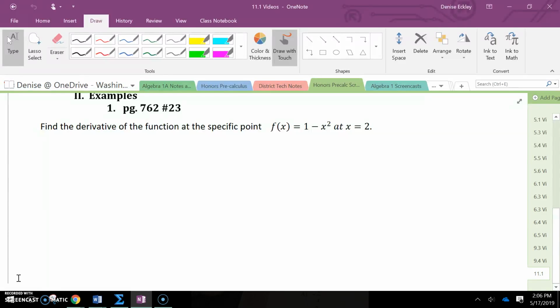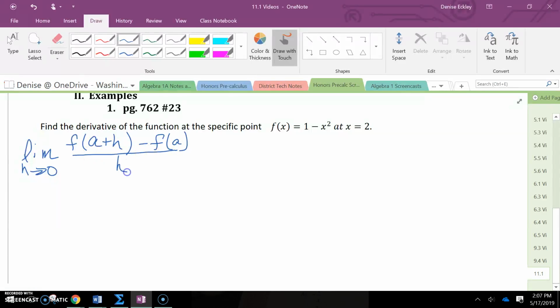is simpler for calculations. So the definition that I'm going to use is the limit as h approaches 0 of f of a plus h minus f of a over h. We'll look at a function in the next example.